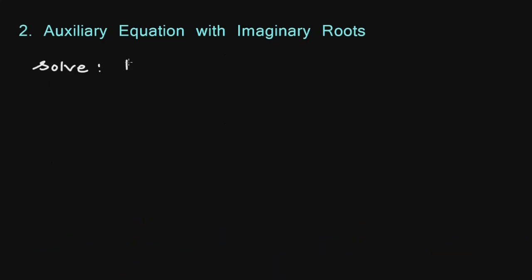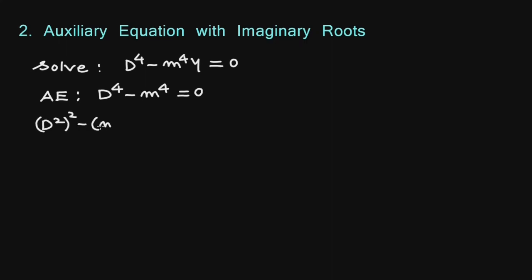Solve D raised to 4 minus m raised to 4, y equals 0. The auxiliary equation will be D raised to 4 minus m raised to 4 equals 0. Square of D square minus square of m square equals 0. A difference of two squares can be factorized as (D square plus m square) into (D square minus m square) equals 0.